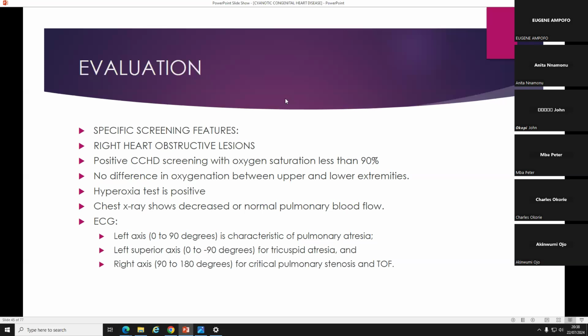The hyperoxia test is positive, meaning that they cannot oxygenate more than 100. Chest X-ray will show the features that we have described depending on what it is, and it could show either decreased or normal pulmonary blood flow. ECGs, there's axis deviations. Pulmonary atresia, left axis deviation, tricuspid atresia, left superior axis, and right axis deviation for TOF.